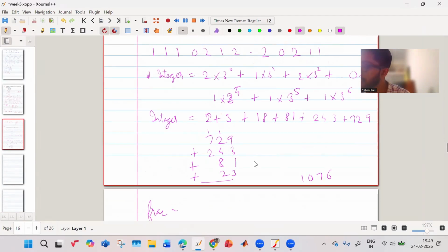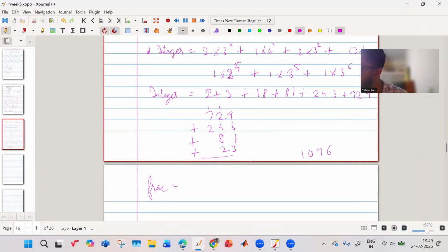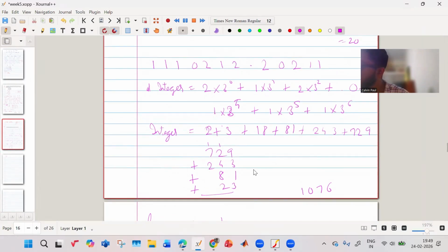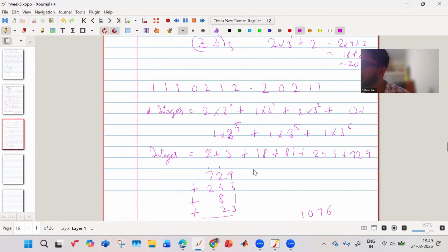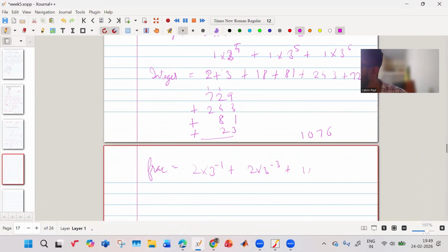The fractional part is given by 2 into 3 to the power minus 1, plus 2 into 3 to the power minus 3, plus 1 into 3 to the power minus 4, plus 1 into 3 to the power minus 5, right?